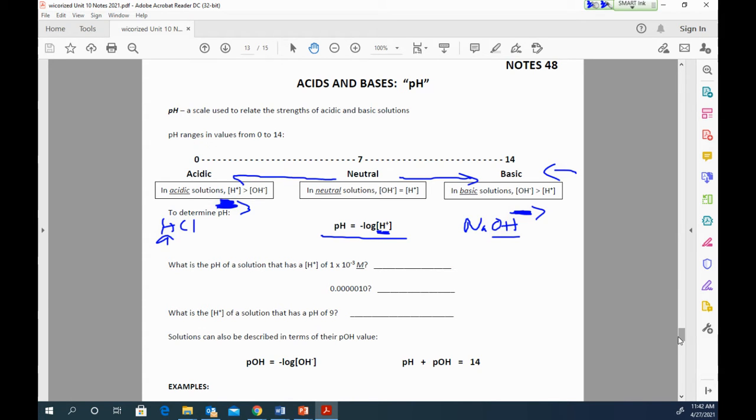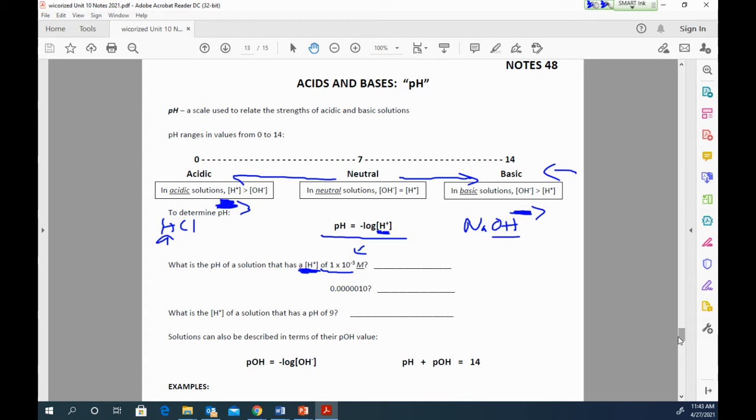Now, how I can use it is if the problem is set up in scientific notation, like this one, with something being 1 times 10 to the something. It has to be 1. If it is 1 times 10 to a negative value, whatever the exponent is, that's the pH, okay? So if they say the H plus concentration, it doesn't have to say that, OH is different.